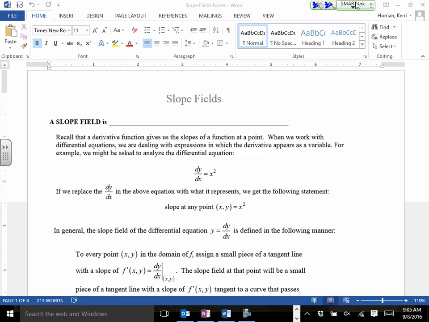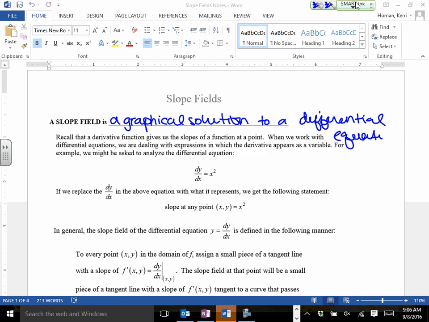Okay, so you remember that we are graphing the slope at each point. Basically what it is representing is a graphical solution to a differential equation. What do I mean by differential equation?